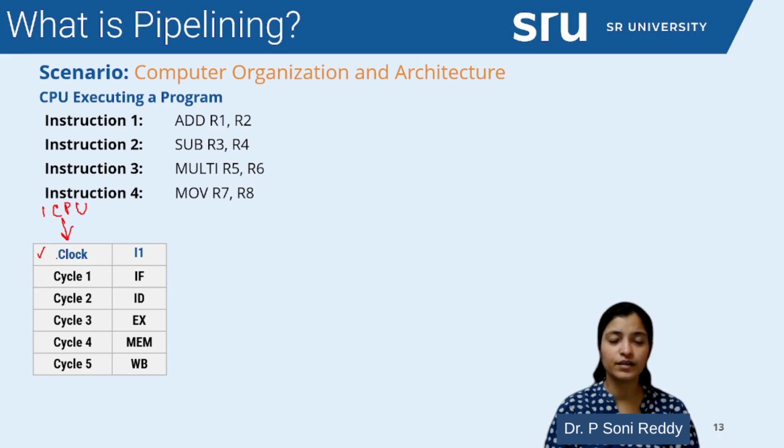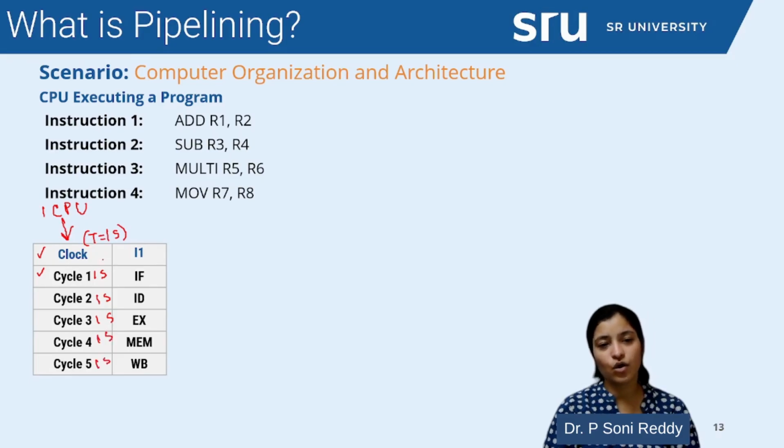Now, how is this clock cycle used for synchronization? The clock cycle means the clock time period. Suppose, for example, the clock time period is 1 second. So clock cycle 1 is of duration 1 second. Clock cycle 2 is again 1 second, 3 is again 1 second, 4 is again 1 second, 5 is again 1 second.